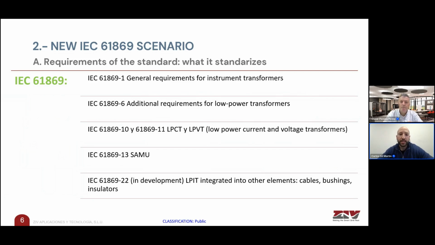Part 6 is now integrated into number 1, and we have 10 and 11, which are the parts that apply to the current and voltage low power sensors. And the 13th part is the SAMU, the acronym of standalone merging unit, which applies more closely to IED. And finally, part 22 is in development, and it applies to low power instrument transformers that will be integrated in other electrical devices like cables, connectors, bushings, or insulators.